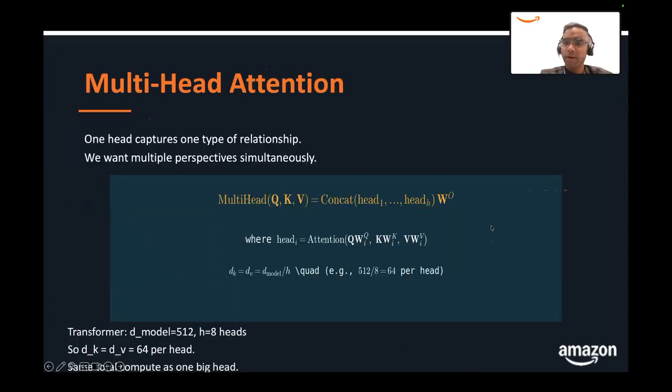Now let's move to multi-head attention. Multi-head attention is simple. I want to have these attentions multiple times, let's say 4 times. So I need 4 different query vectors for each token, 4 different key vectors, and 4 different value vectors. Each of these is called one head, like H1, H2, H3, H4.